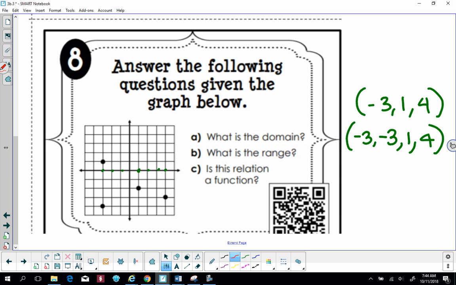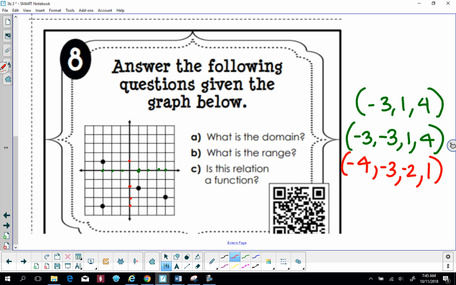The range, we would look up and down, so we would start at the lowest one. There's one here, which is -1, -2, -3, -4. Then there's one at -3. There's one at -2. And then there's one at 1 right here. That would be the range.